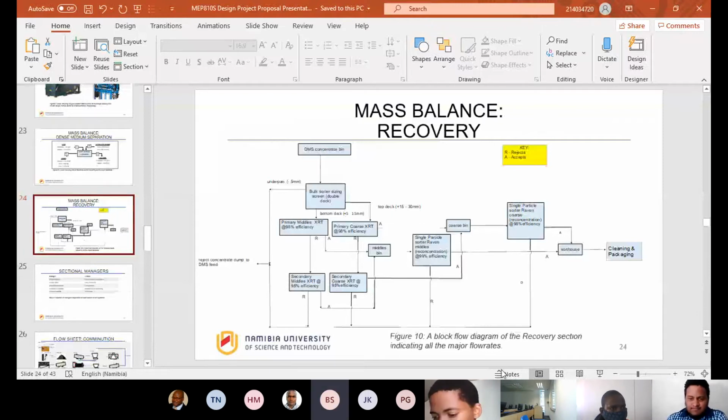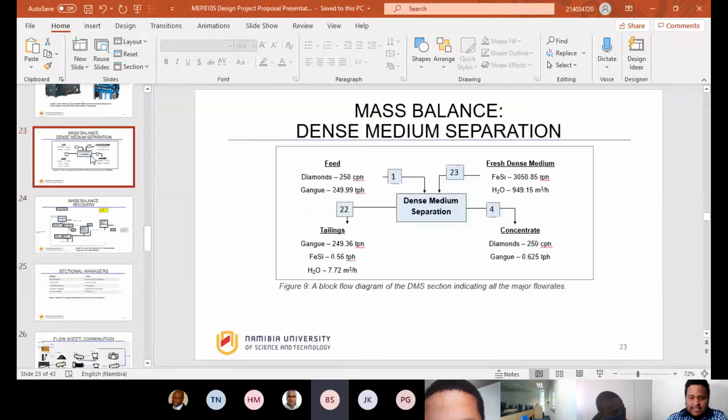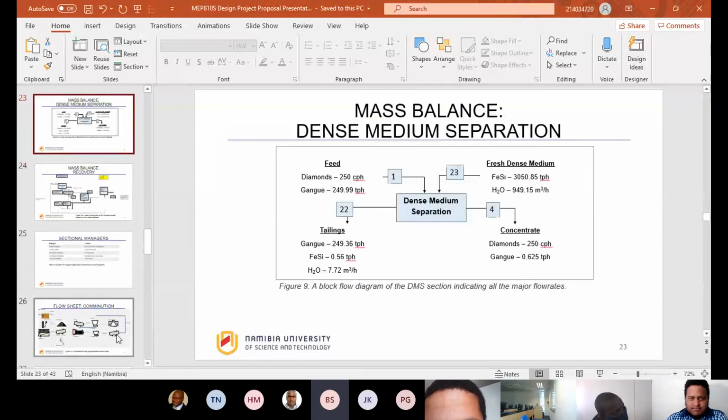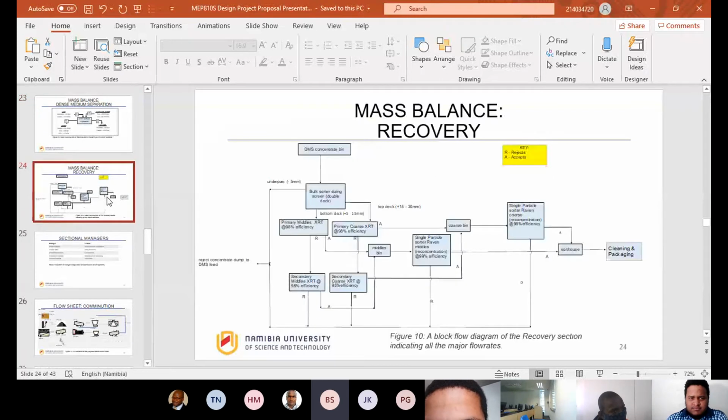Let's try, maybe it's 23 or 26, I'm not sure anymore. But you can already start answering this question, because I see you keep saying mass balance, but when we look at what you are showing us, there's no mass at all. There's no mass balance. So what's the difference between a flow sheet and mass balance?